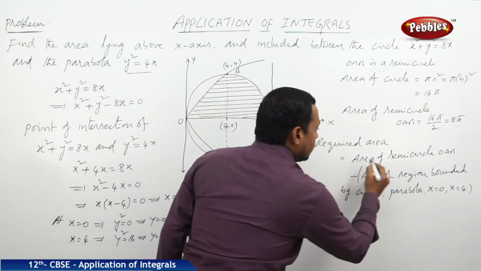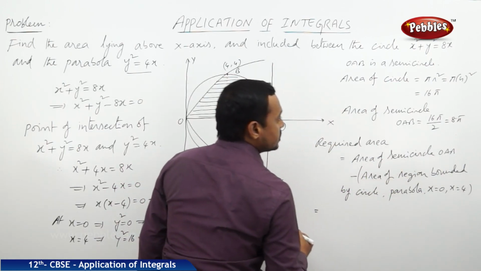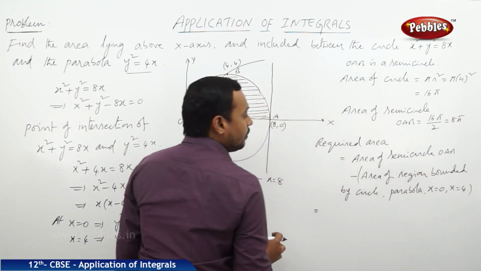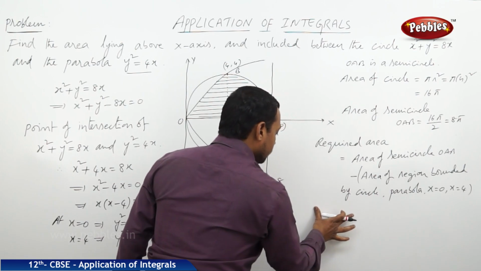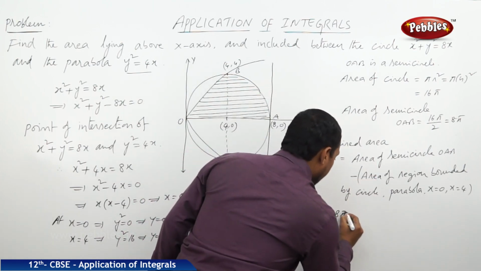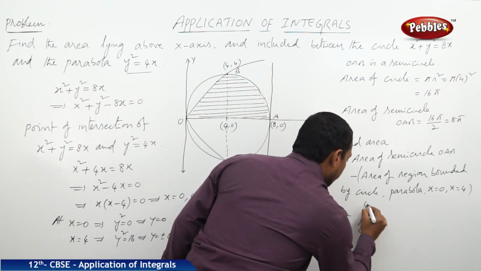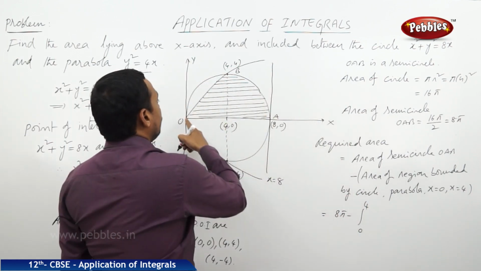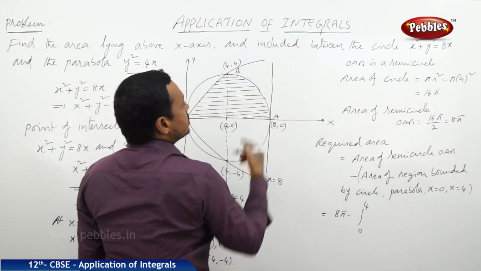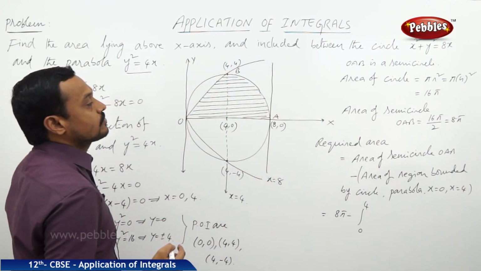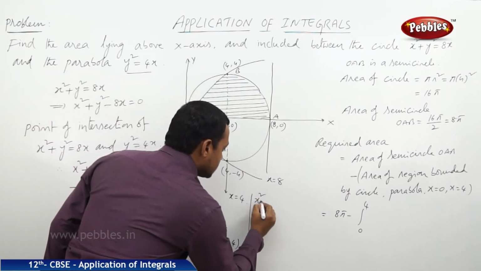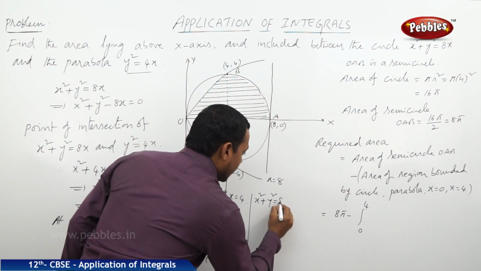Now this is the area of the semicircle, it is already known, 8 pi. Now let us find the area of the region bounded by the circle and parabola. It is 8 pi minus integral 0 to 4. Now here the upper curve is what? It is the circle, x square plus y square is equal to 8x.